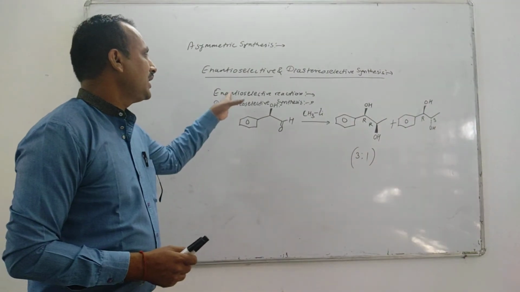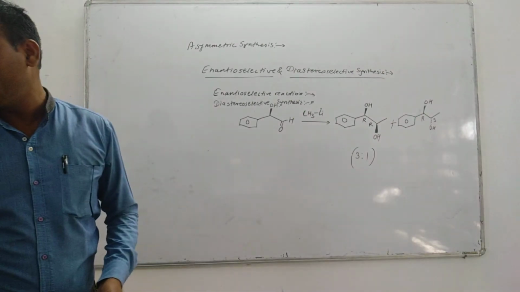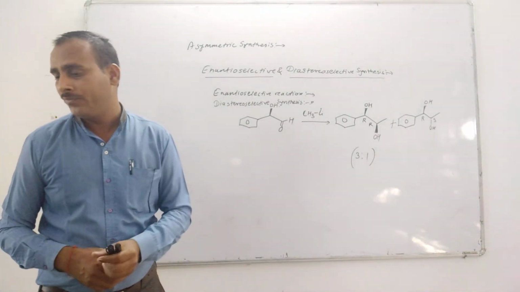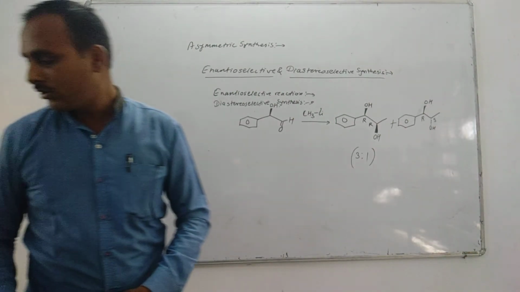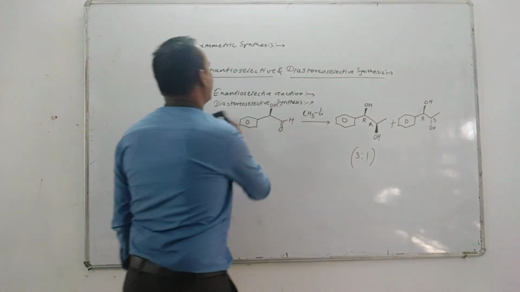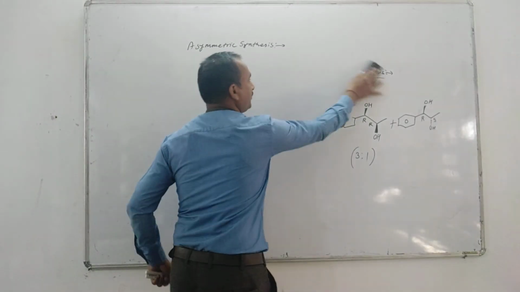So these are the enantioselective and diastereoselective synthesis reactions. Now let's see the chiral reagent and chiral catalyst.